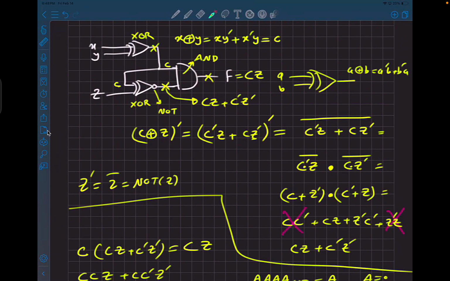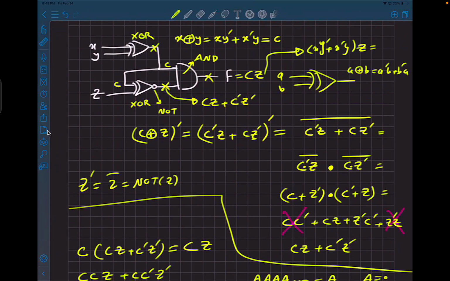But we had C here. Now you are able to plug into the equation what the C stands for, and then you get to the final value. So C equals to x y bar plus x bar y, as we know it from here, and we have Z here.